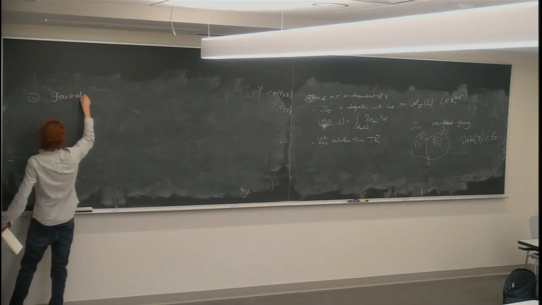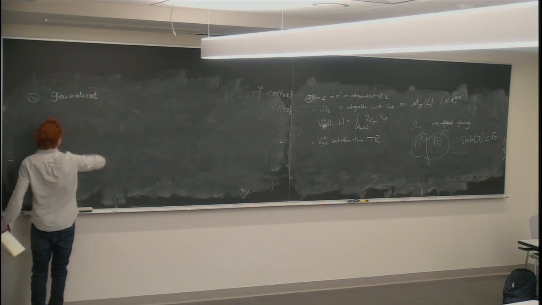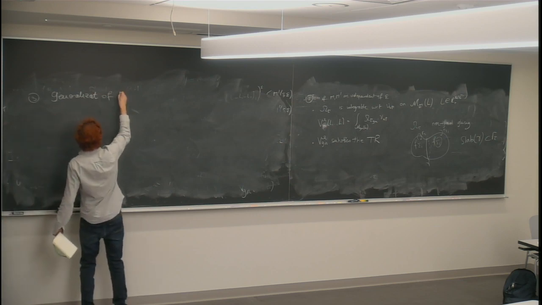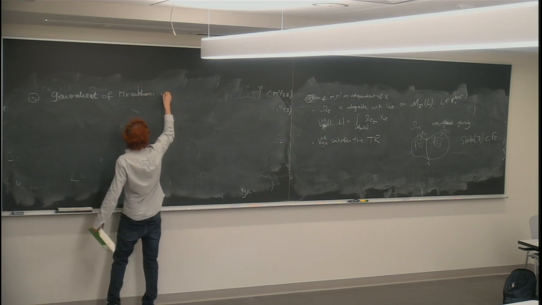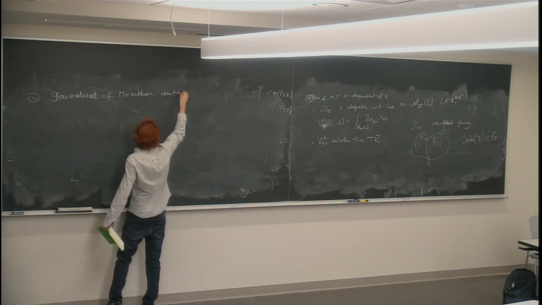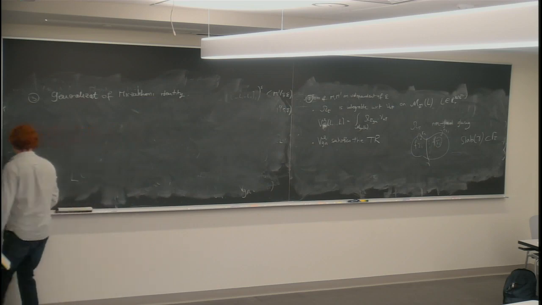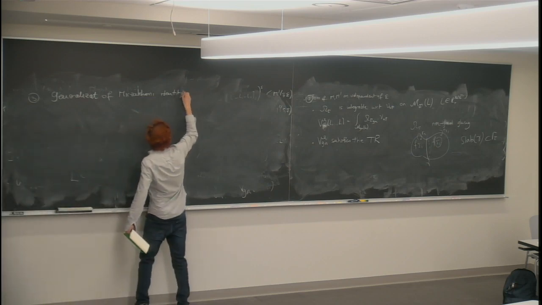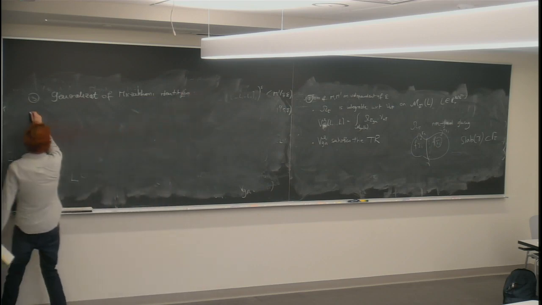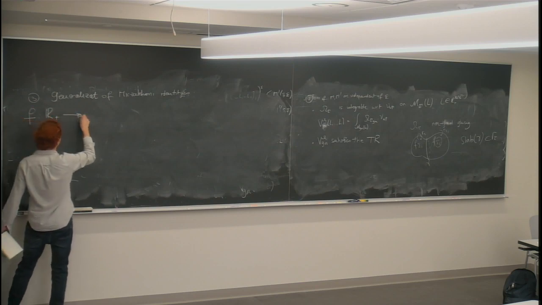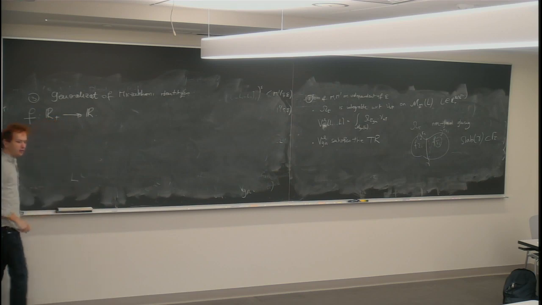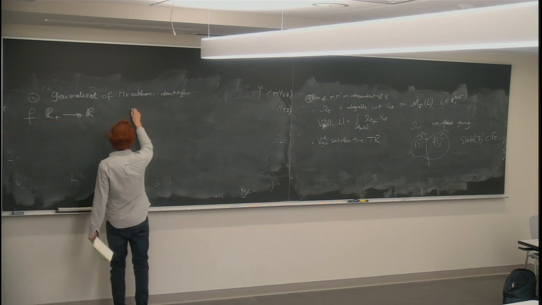So now we'll give more examples, which we can think of as generalizations of Mirzakhani's identity. Let me take a test function from R plus to R, which decays fast enough at infinity.